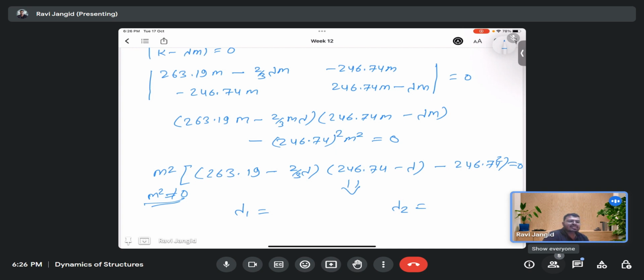Anyone with lambda 1, lambda 2? If you solve this, I am getting lambda 1 as 9.6351 and lambda 2 as 631.89 or something.